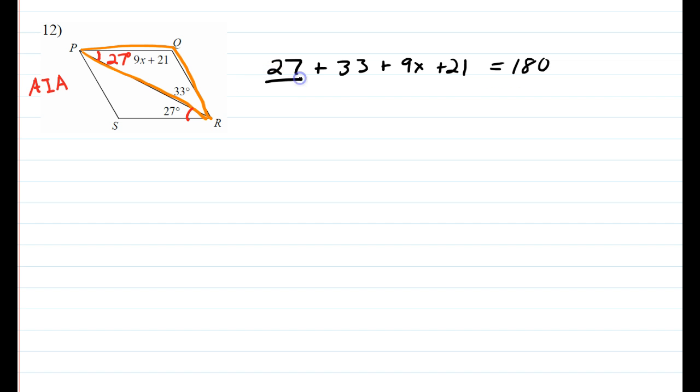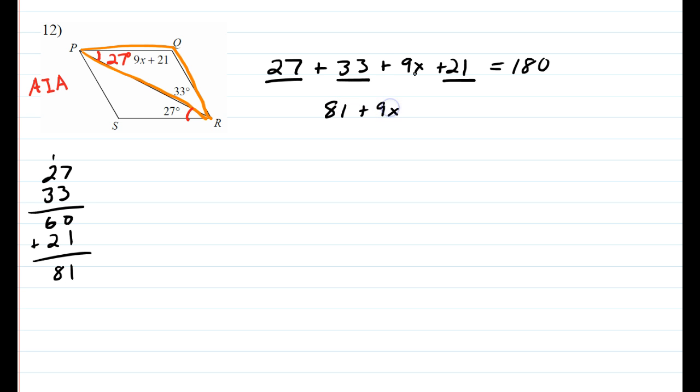So we have 27, a 33, and a 21. Off to the side, just add them up. 27 and 33 gives us a 60. Now add the 21, gives us 81. So I have 81 plus 9x is equal to 180.